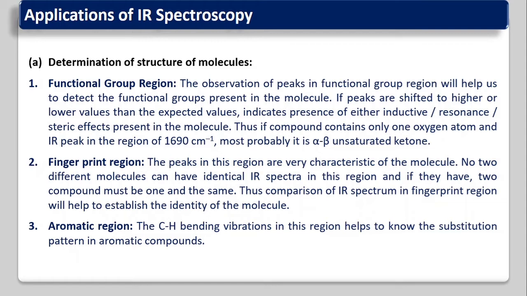And by seeing the pattern of these peaks in the aromatic region, we come to know the substitution pattern, either mono substituted or di substituted. If di substituted, whether it is ortho, meta or para substituted. So all this information we get from the aromatic region.